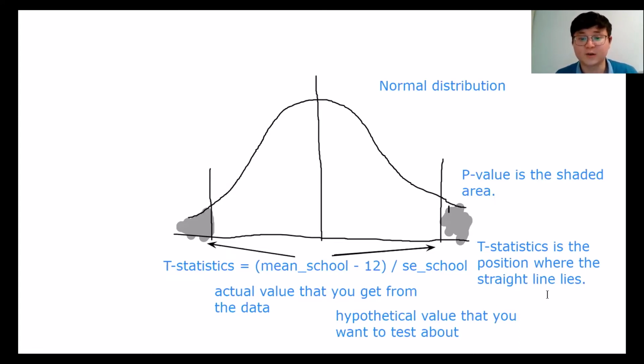If you think that the mean of schooling is 12, but for example in actuality 4 appears, then the probability is quite low that the hypothetical mean should be 12, because you actually get the result of 4, which is quite far away from what you think as 12. Then it's quite unlikely that your hypothetical value is true.